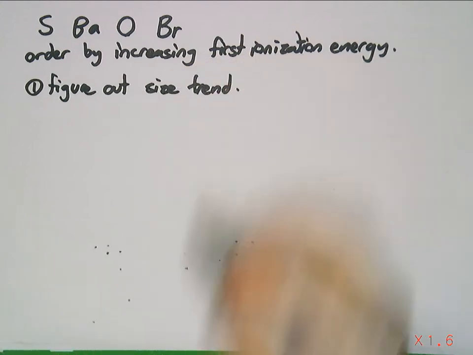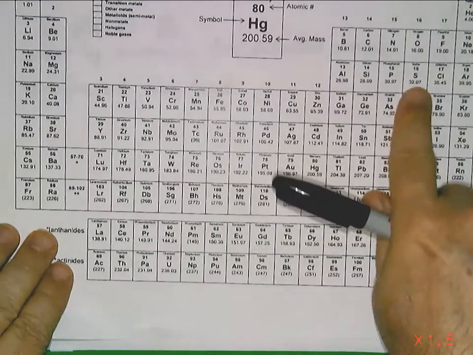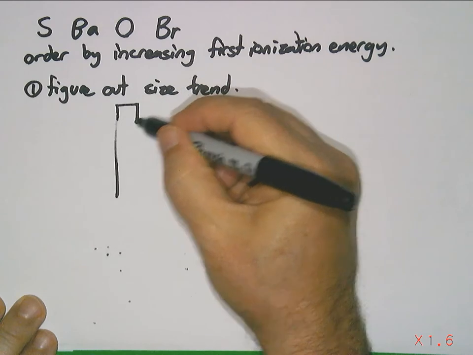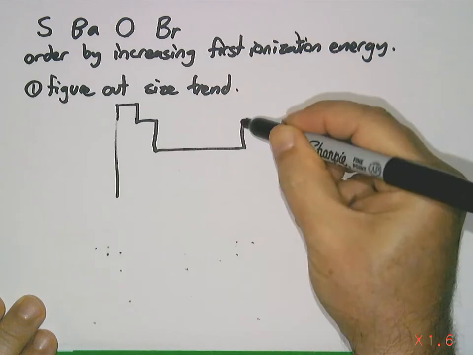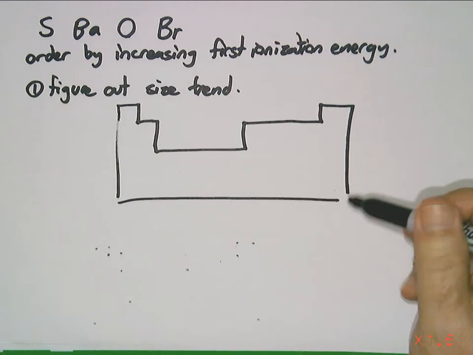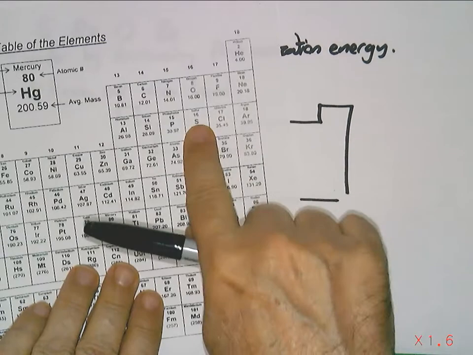And how did I do that? Well, I'm going to look at where these things are on the periodic table. Okay, so here's sulfur. Let's sketch a periodic table here. Sulfur's there.